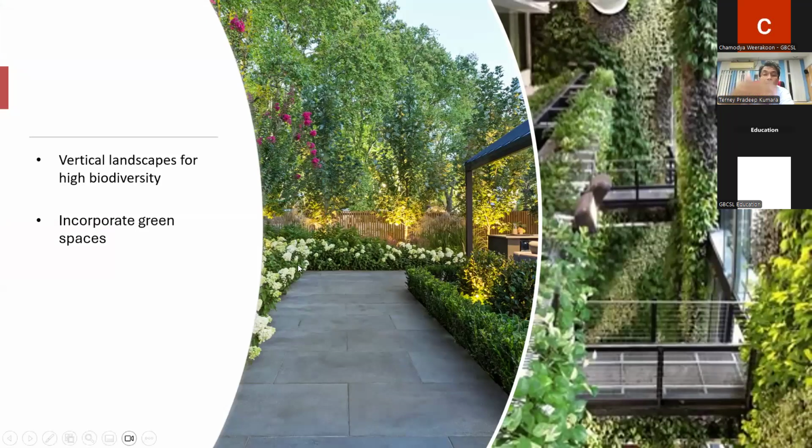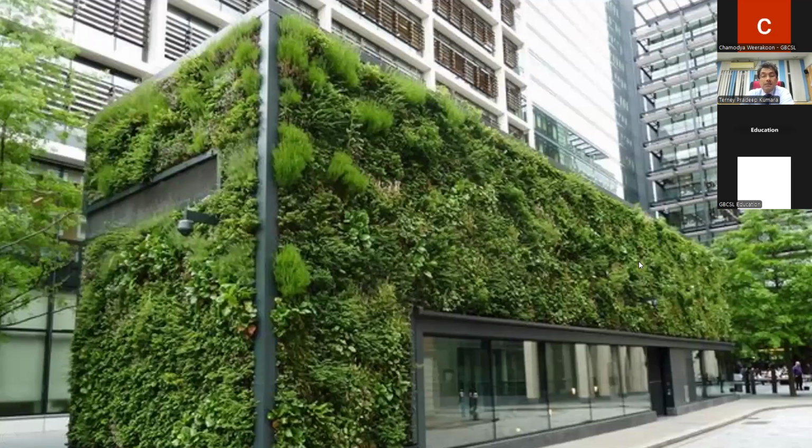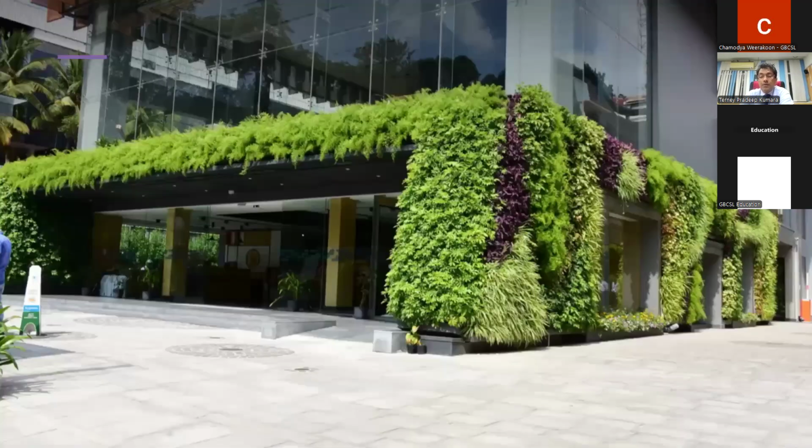From here you can see vertical landscape in this hotel, right? And again, within the hotel you can see vertical bio walls. Look at this, right? For coastal areas like this, it will help have more humidity and lower temperatures and less air conditioning needs because of these vertical walls, right?